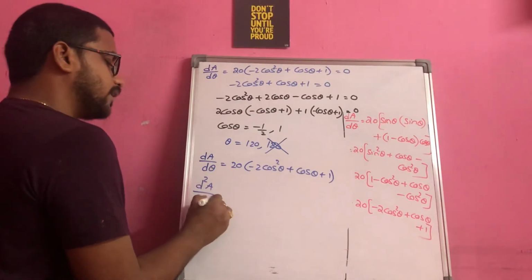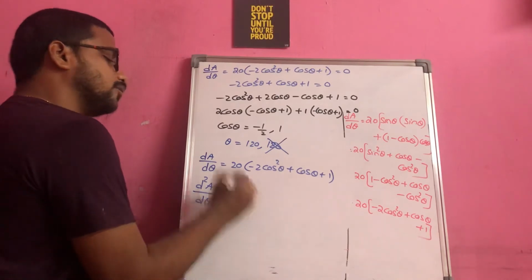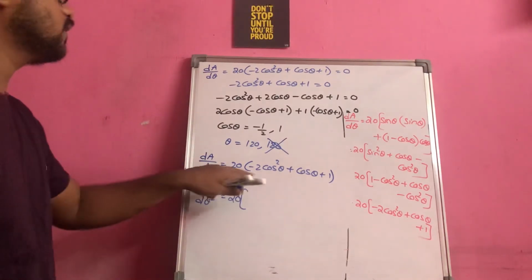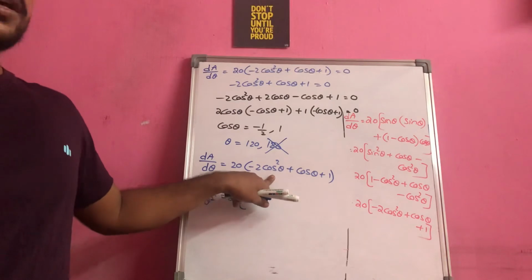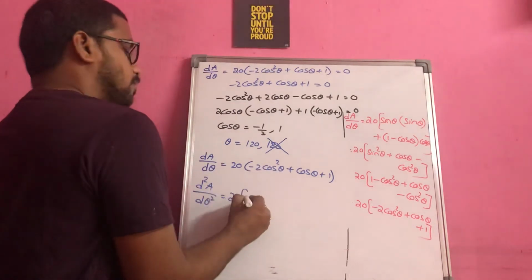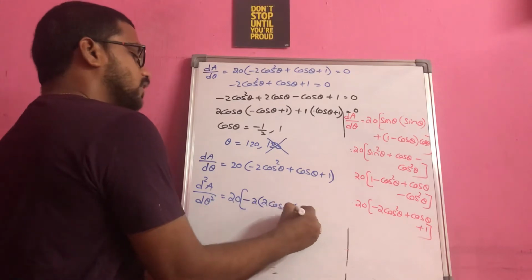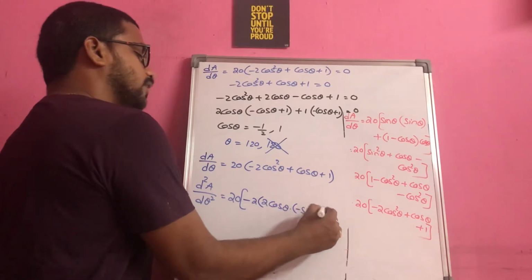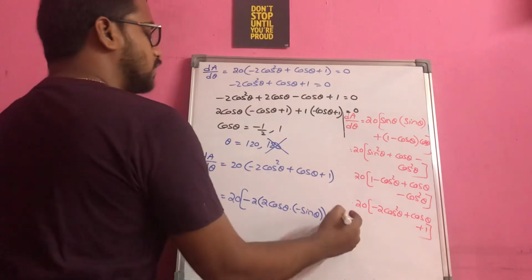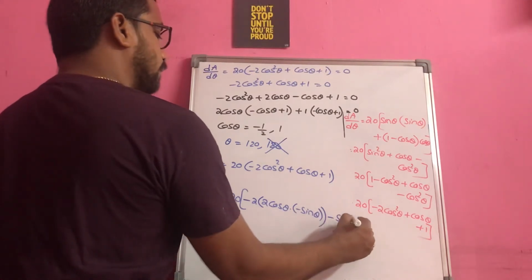d square A by d theta square is equal to 20 into, now you see here, minus 2 cos square theta. If you apply the differentiation, minus 2 into 2 cos theta, the differentiation of cos theta is minus sin theta, you will get, plus cos theta differentiation is minus sin theta.